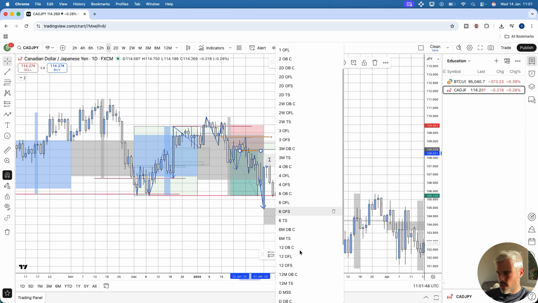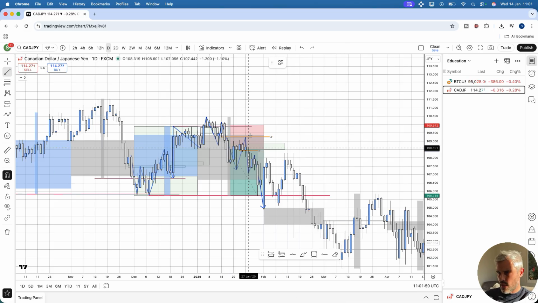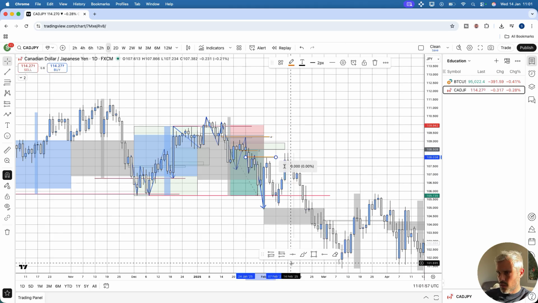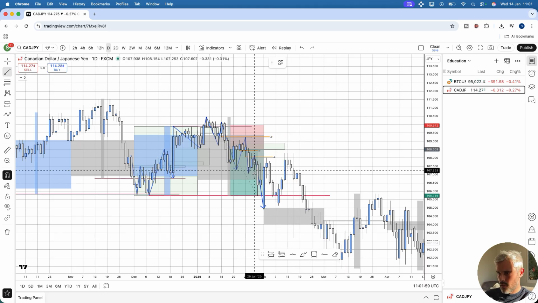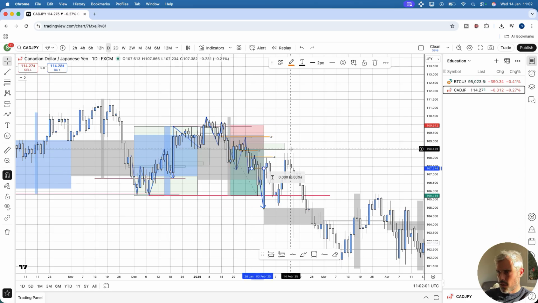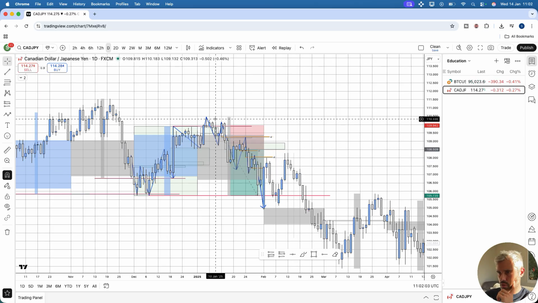There's a new daily order block. We then get a sell off, new daily order block right here, and then again a daily order block right here. And each of these levels just gets respected. Price trades in, retraces, trades out, retraces, trades down, and hits our target.